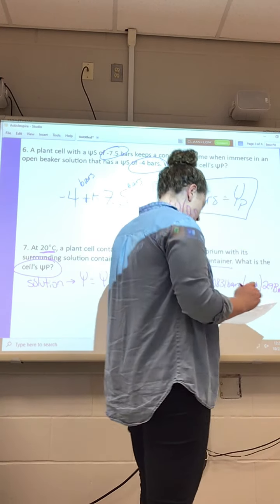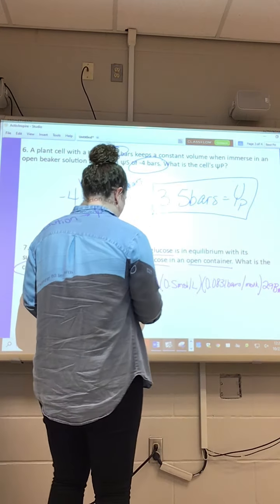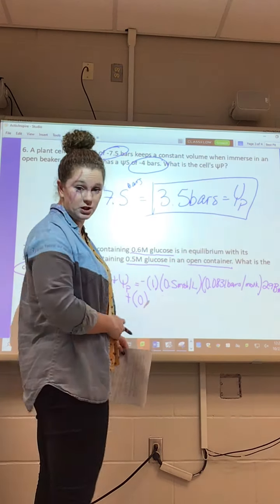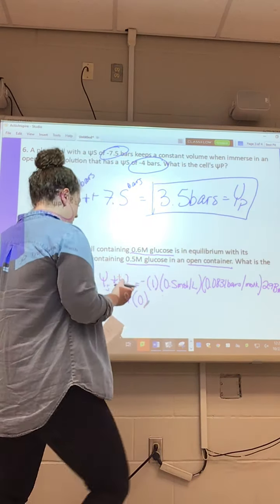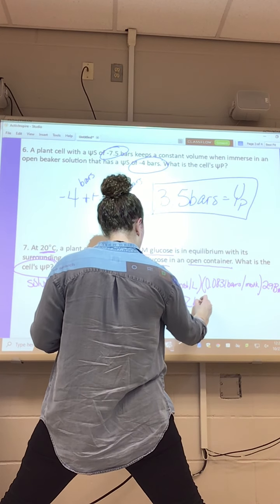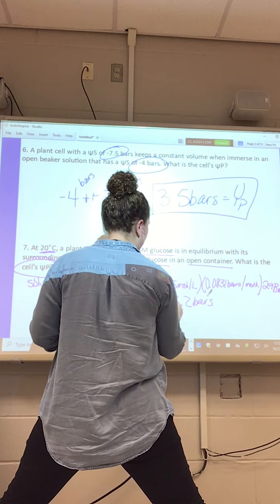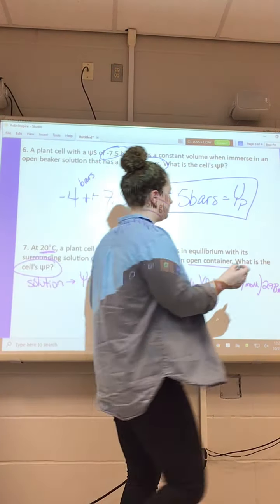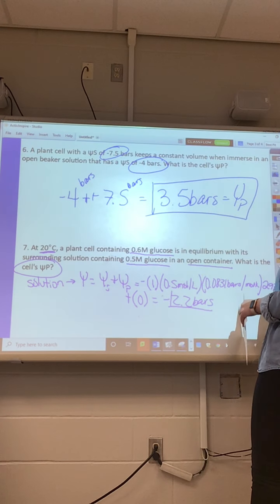Okay. And then that's all going to be plus 0 because the pressure potential is 0 because it's an open beaker. And that's going to equal negative 12.2 bars. So the solution water potential is negative 12.2 bars. That's not what they asked for. They want to know the cell's pressure potential.